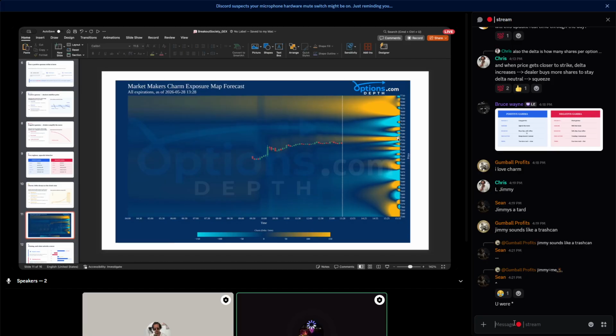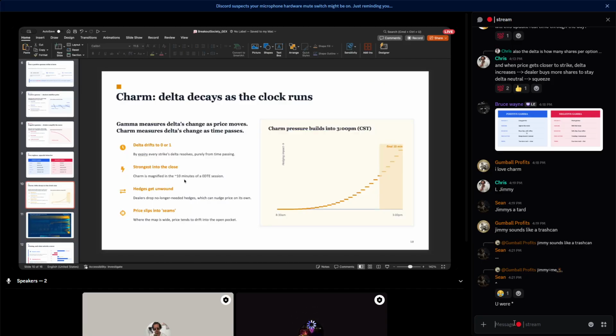And what this can cause is, if I am in one of these little pockets and I'm riding price here, you can get a nice little rip into the end of the day, and that will be supported by charm, since the amount of contracts that are expiring worthless are being rapidly hedged at the end of the day. So they're going to be either buying a massive amount of futures or selling a massive amount of futures at the end of the day.